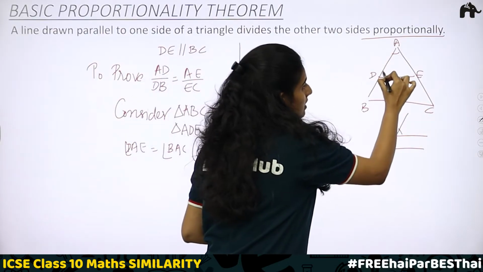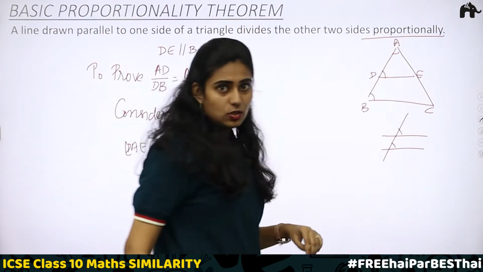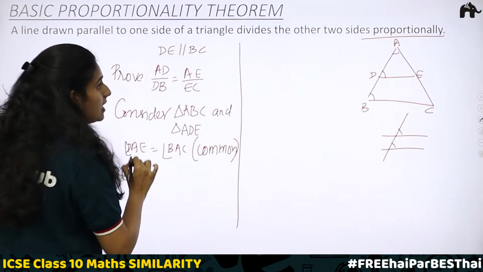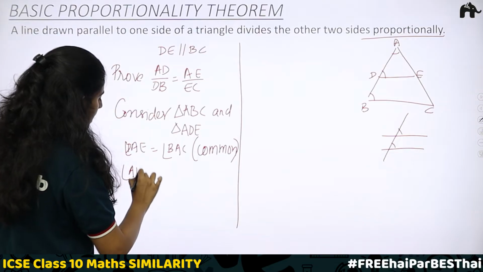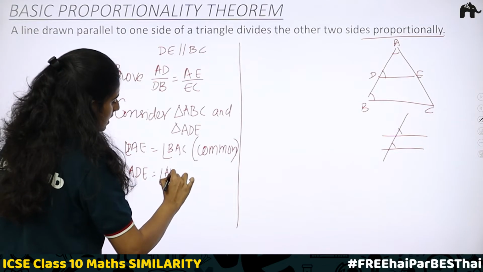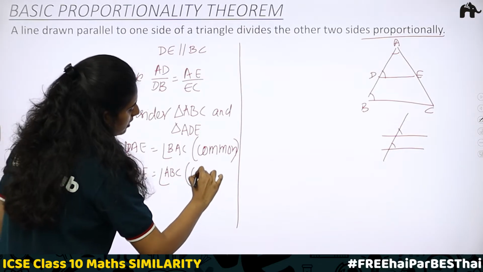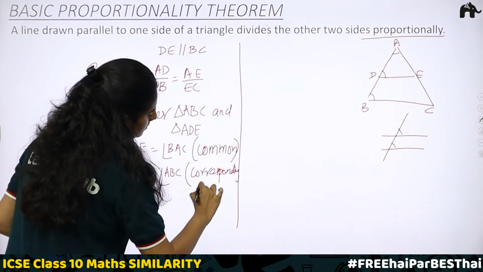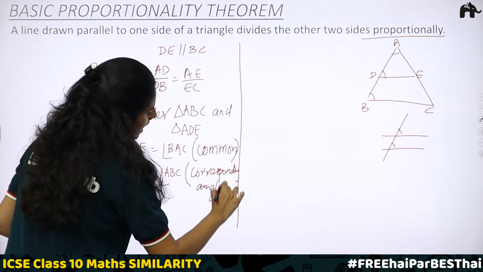Then we'll have this angle and this angle equal because they are corresponding angles. We can write angle ADE is equal to angle ABC, and the reason is corresponding angles.